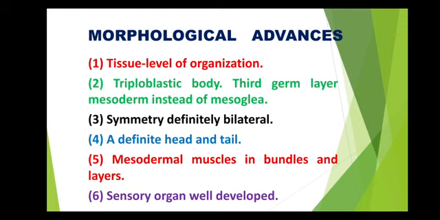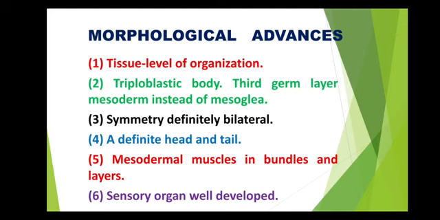Point number 2, triploblastic body with 3 germ layers: ectoderm, mesoderm, and endoderm. Point number 3, symmetry definitely bilateral at the lowest level. Point number 4, a definite head and tail.